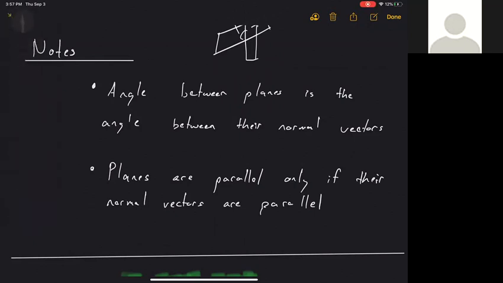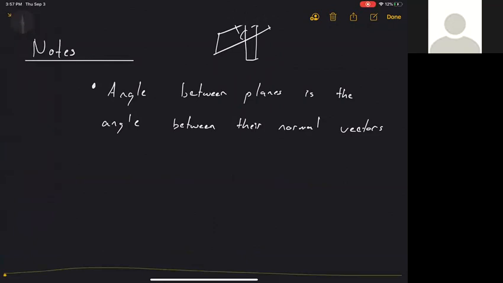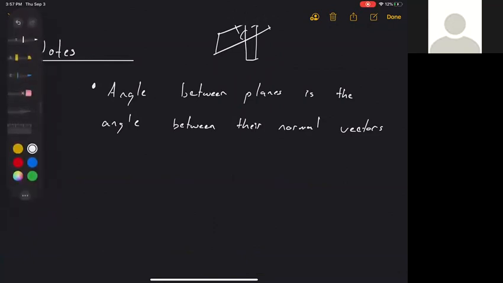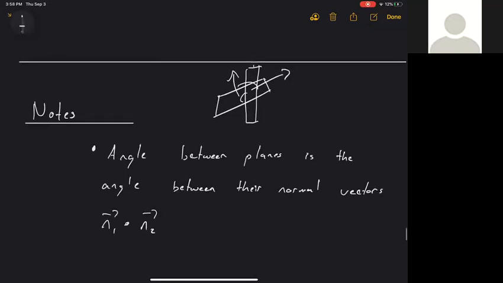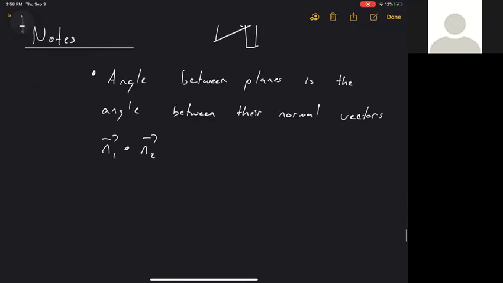So remember how we find the angle between two vectors. It's all about that dot product, right? Let's use n1, n2. Let's say I do the dot product of n1 dot n2, where n1 is this normal vector, n2 is that normal vector. I know that dot product is magnitude of n1 times magnitude of n2 times the cosine of the angle between them, right?